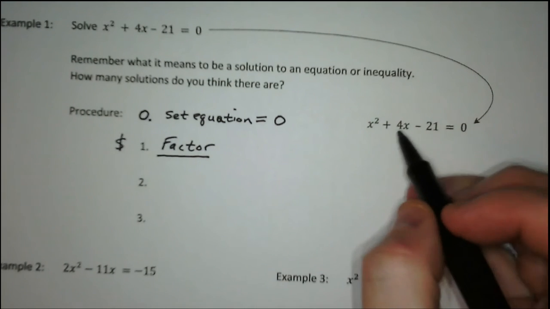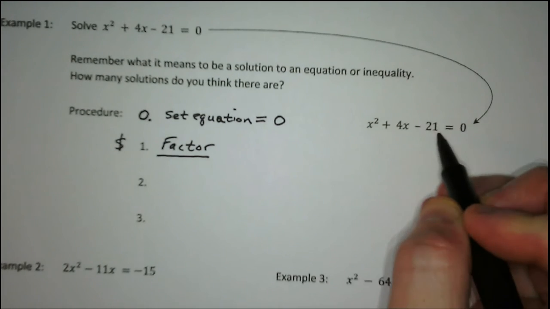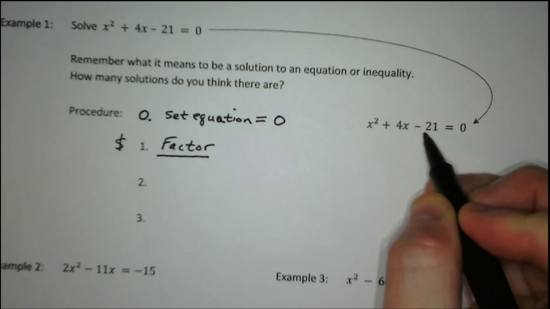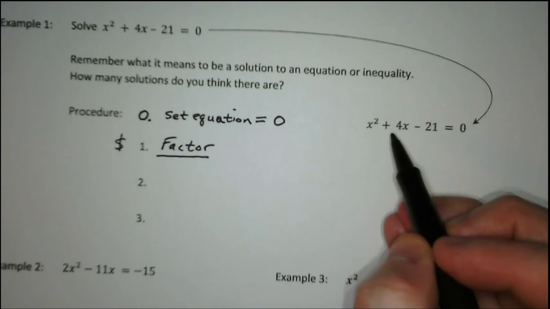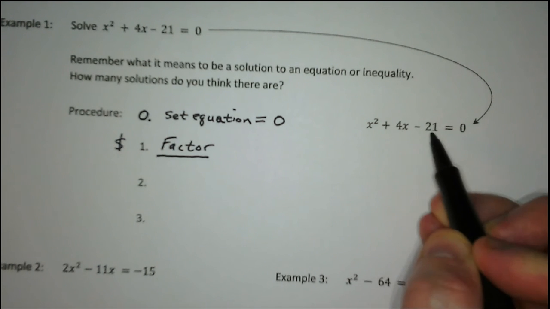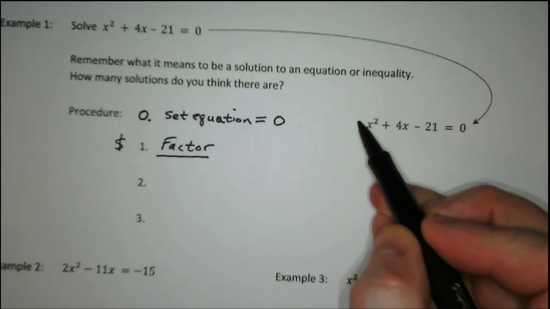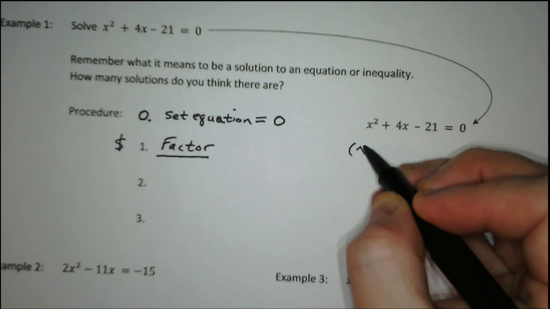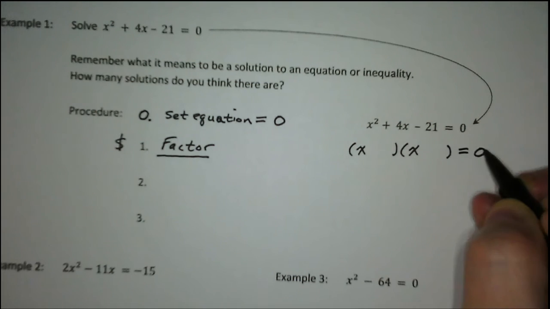So our first example, it's already equal to 0, and now we're going to factor the left side. First, we're going to try GCF. There is none. And so our plan B is to unfoil. This definitely isn't a special case unfoil. It's going to be the more normal unfoil, if it unfoils at all.